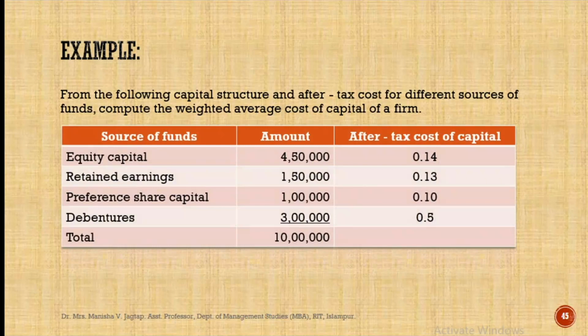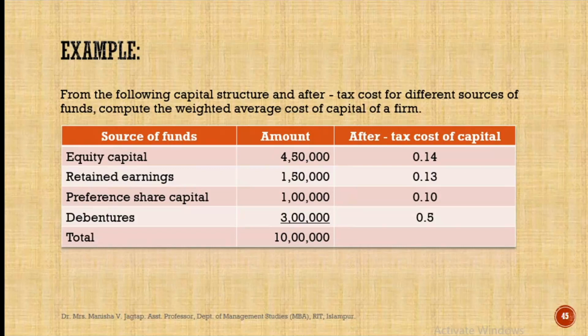So this is the information given. You can see three columns here: sources of funds, amount, and after tax cost of capital. In the sources of funds, they have given information concerned with the capital structure, that is, from which sources the firm has raised funds: equity capital, retained earnings, preference share capital, debentures.